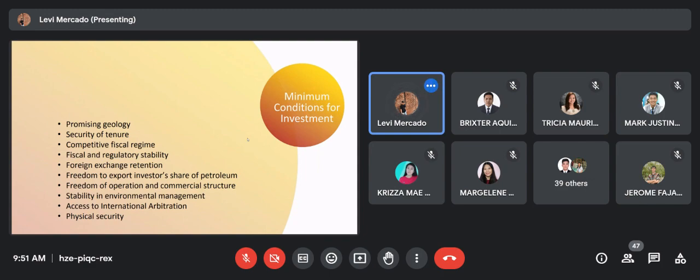Foreign exchange retention, access to international arbitration, and physical security. Of course, pagka nagsistay sila dito, syempre kailangan nila ng security. Gusto nila yun. But they have to invest on it. And we can provide for it as state.